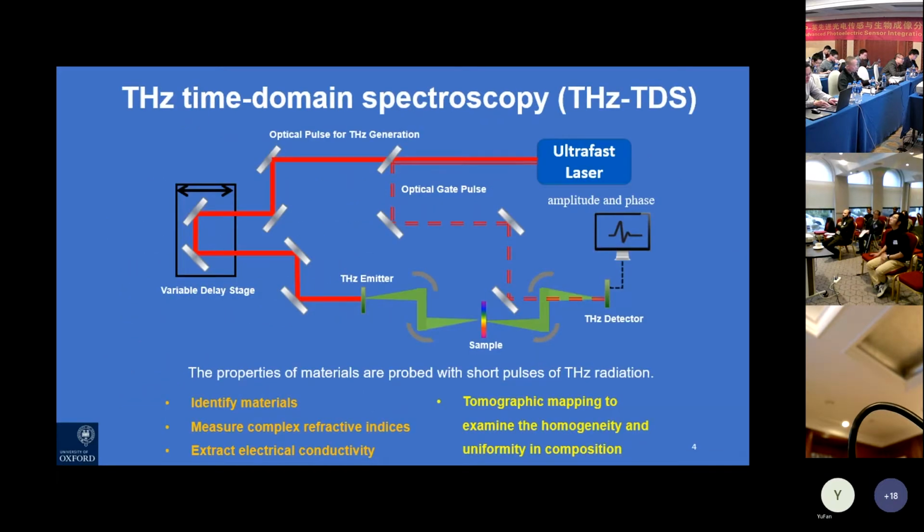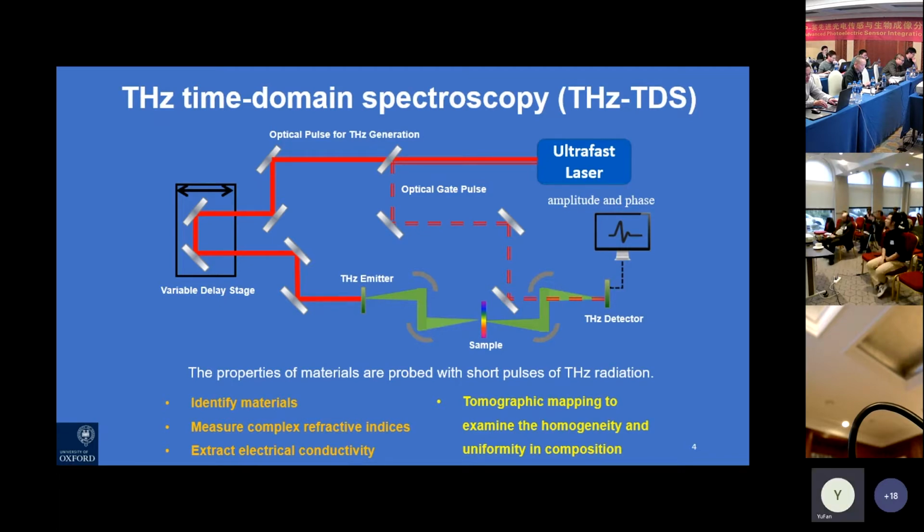And today, the most familiar terahertz spectroscopic technique is named terahertz time domain spectroscopy, as shown here. In this technique, the properties of materials are probed with short pulses of terahertz radiation. And here is a typical terahertz time domain spectroscopy system configured in transmission mode.